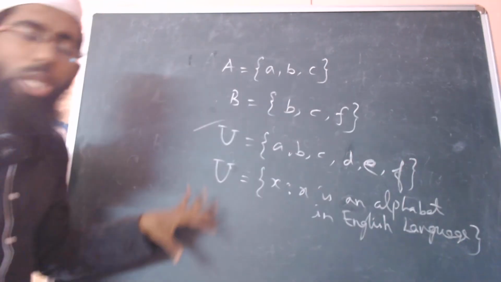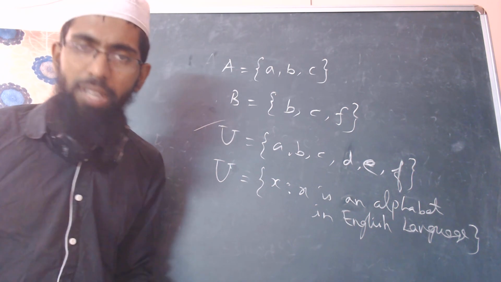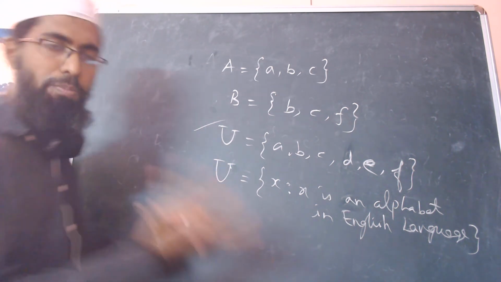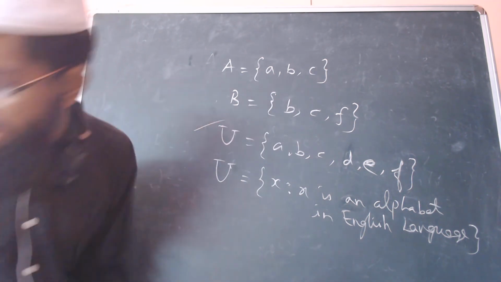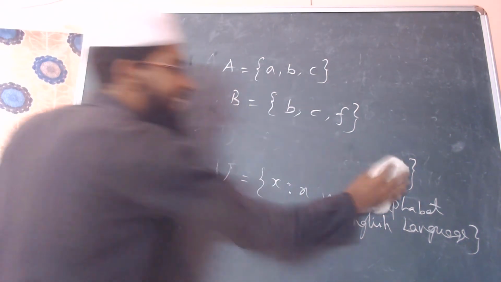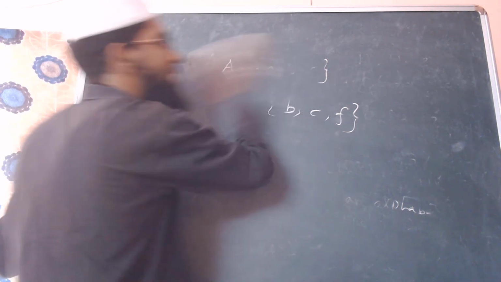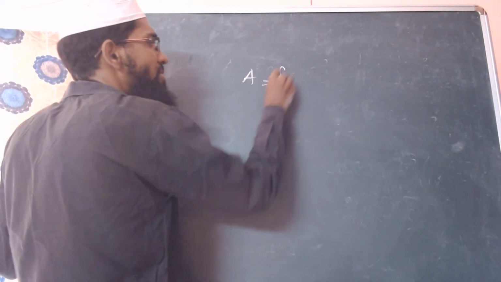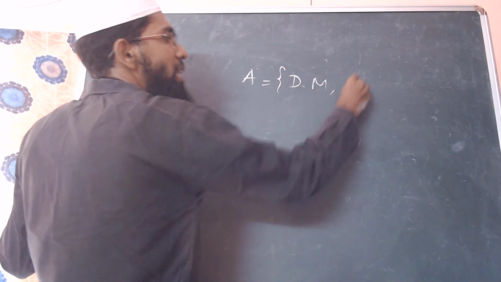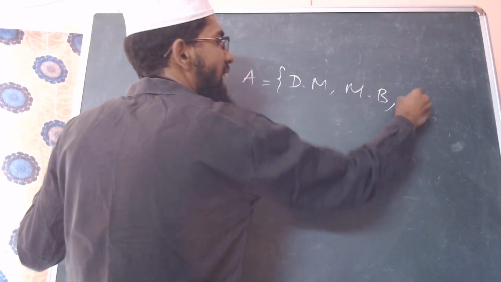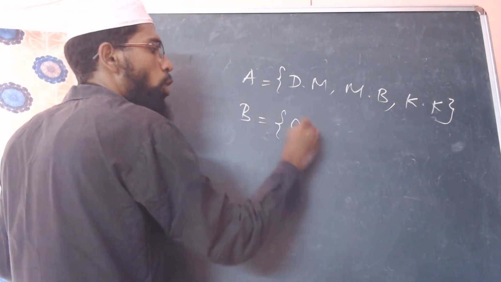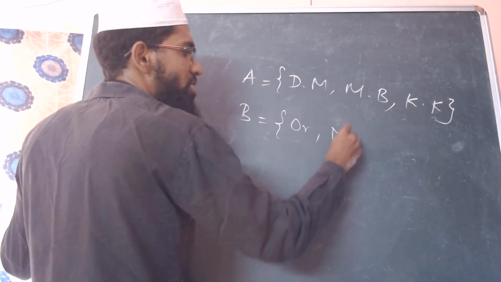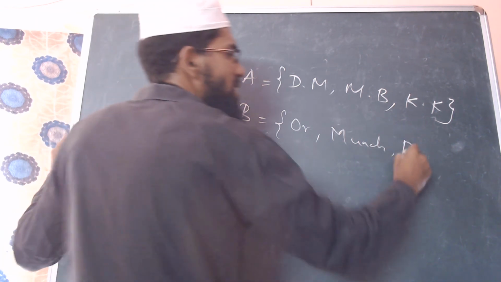So this universal set may vary from person to person, because we must take something that we are discussing in our problem. For example, in set A I have some chocolates: Dairy Milk, Milky Bar and Kit Kat, and in set B I have 3 other chocolates: Oreo, Munch and Perk.